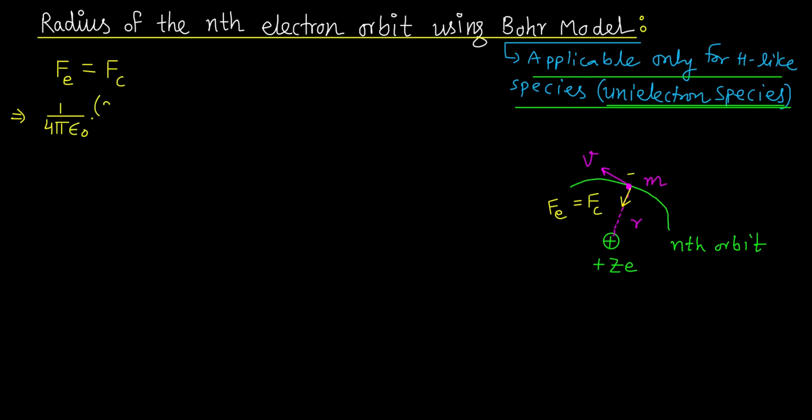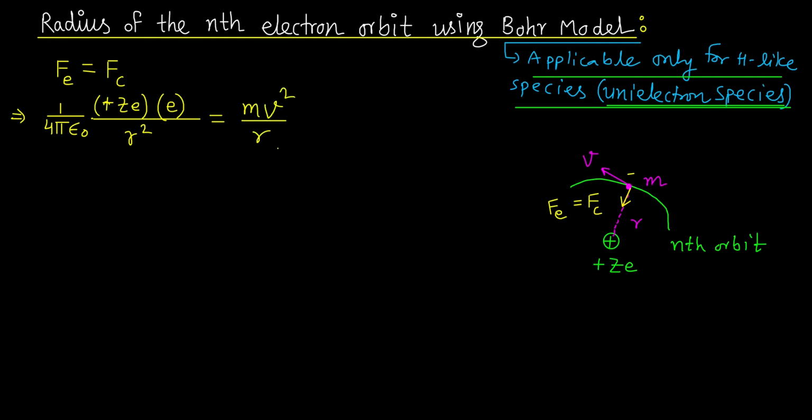So what will be q1 here? The charge of the nucleus, so it will be plus Ze, and the charge of the electron, that is minus e, but I am not putting the minus sign here because I just want the magnitude of the force. So Ze into e divided by r square. I have just written plus here, but you can ignore that. Plus Ze means Ze simply. And this is equal to the required centripetal force, that will be mv square upon r.